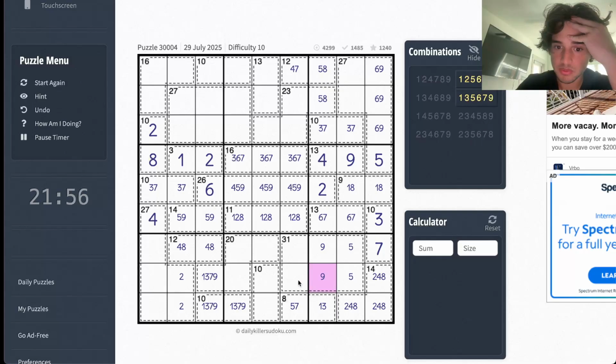So it'd have to be specifically 7. I guess 3 could go here. 7, which would leave you with a 4 5 9. So 4 5 7 9. 5 7 9. I mean, that's unhelpful.